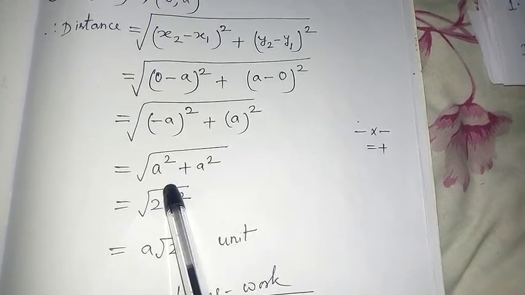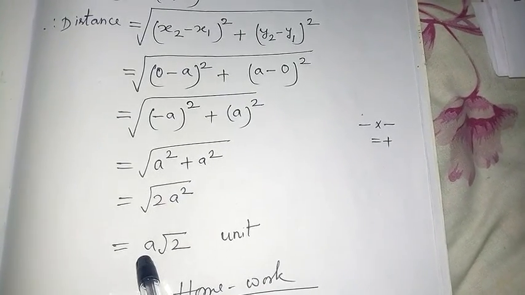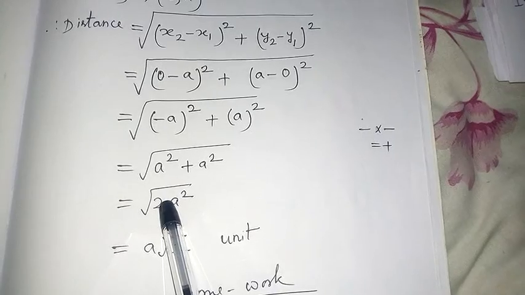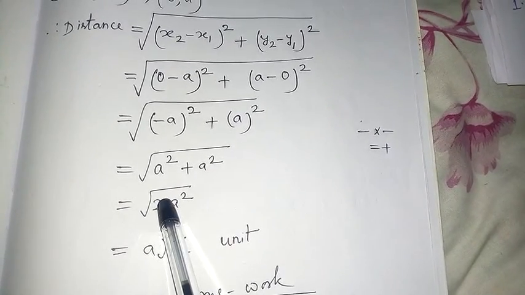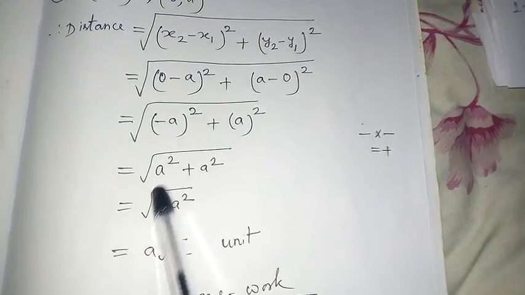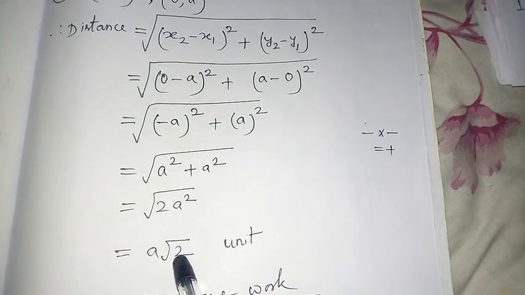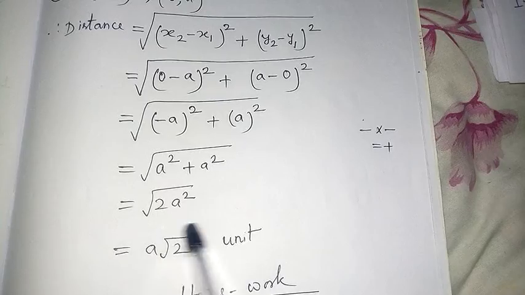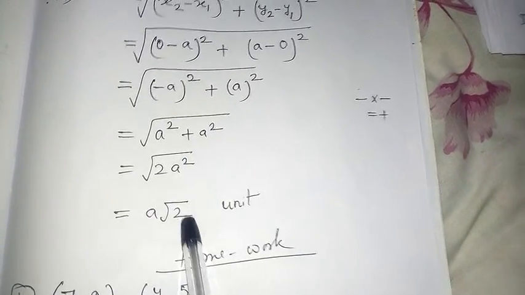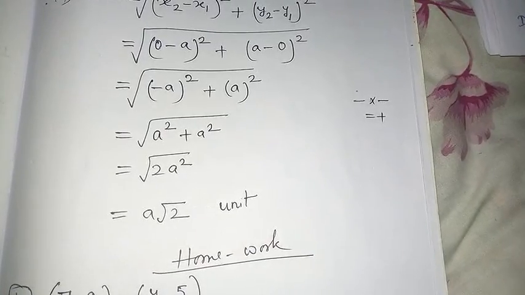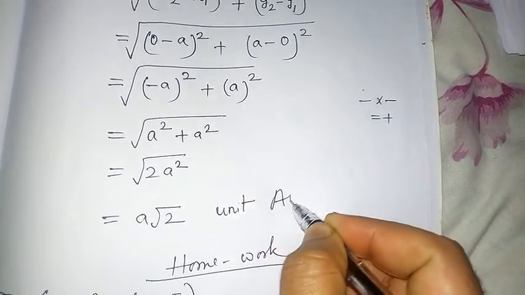One square will vanish with root over and this a will come out, and root 2 cannot come out of this particular root over, because root 2 has no value. Had it been 4, then root 4 becomes 2, but root 2 will remain inside the root only, and a square vanishes and a comes out. This is our answer. So this is our third answer.